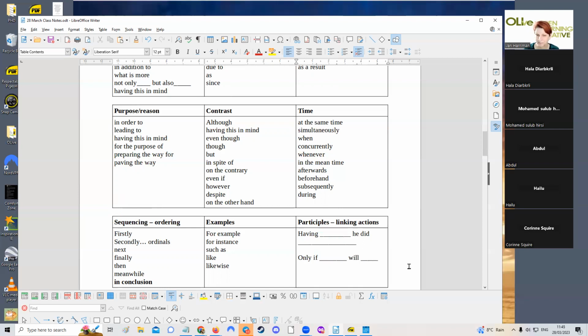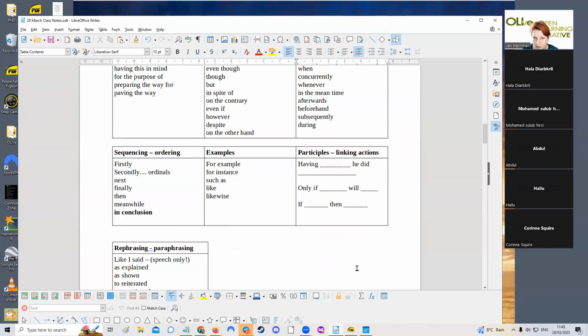And the more you study, the more you will learn. I think that's a separate one. If this, then that. So once again, we're linking actions or conditions. So if it rains, then we won't go for a walk.